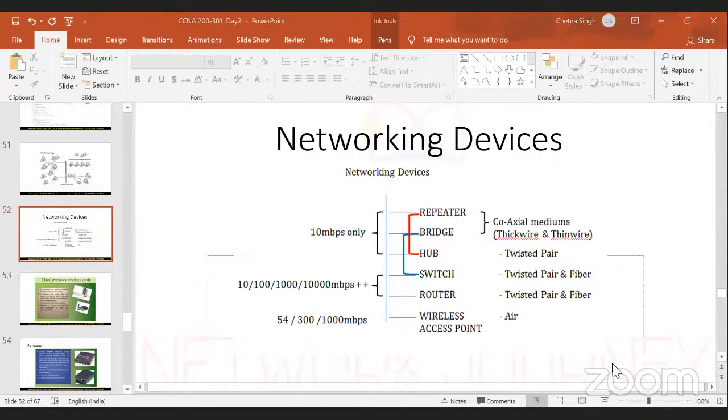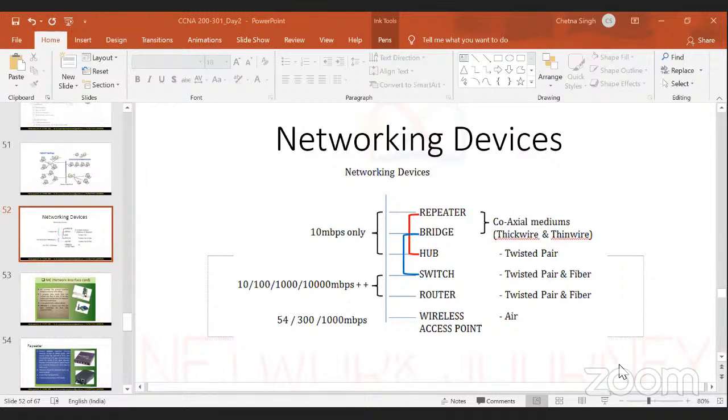Okay, fine. So basically, these are the different devices which I will be showing you now, through the slides as well as through Packet Tracer, so you can get acquainted with the devices and their functionalities. We should know which device to use before we pick. So now repeater, bridge, and hub.